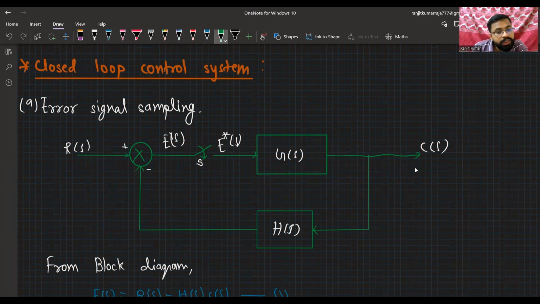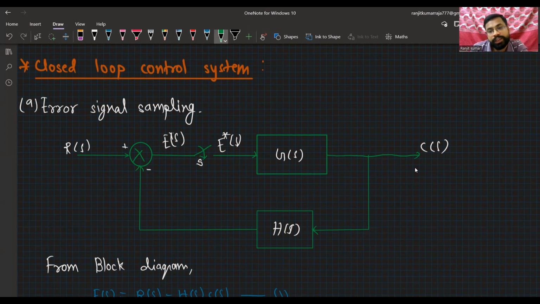First of all, see this diagram. That is a block diagram of a closed loop control system. This is R of S. This is the error detector. This is the error signal, and here I'm applying a sampler. After sampling, this error signal will become E star of S, and this signal is sent to the plant, that is G of S, and we get the response.